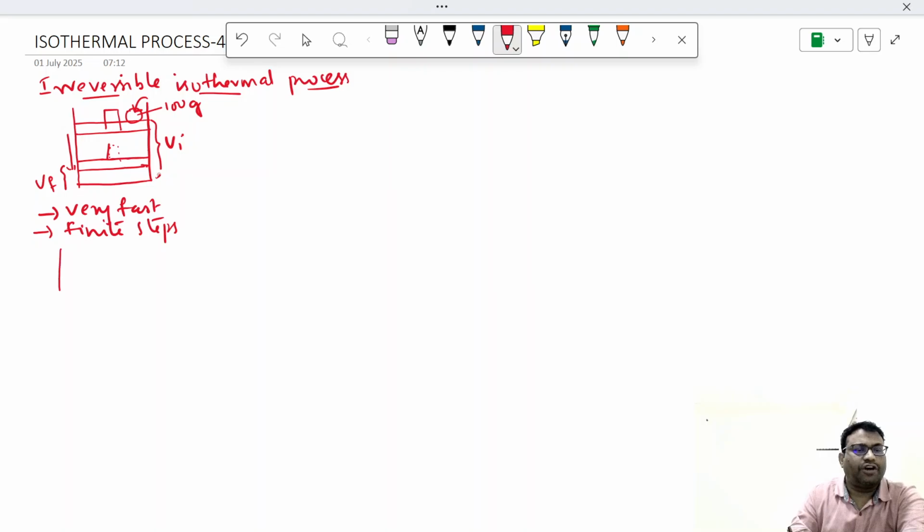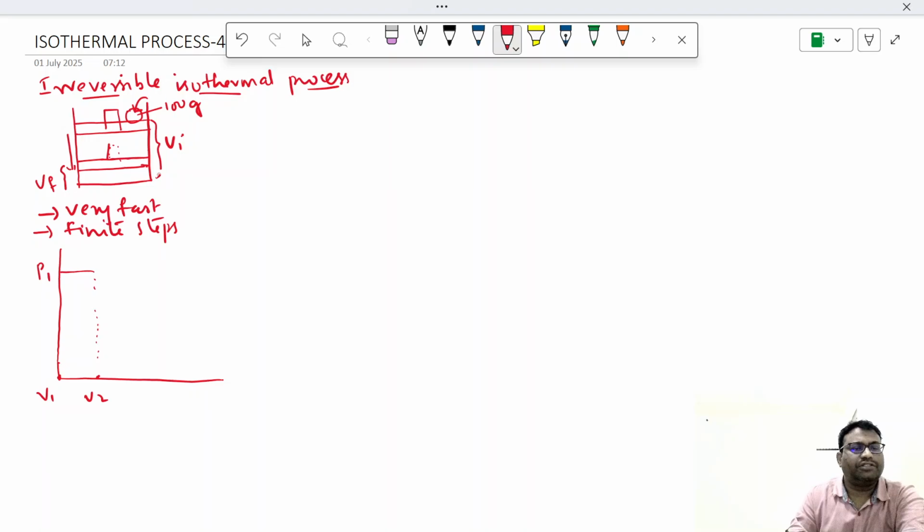Then if you draw a graph for this, see at pressure P, this is volume V1, it is converted into volume V2 at pressure P1.